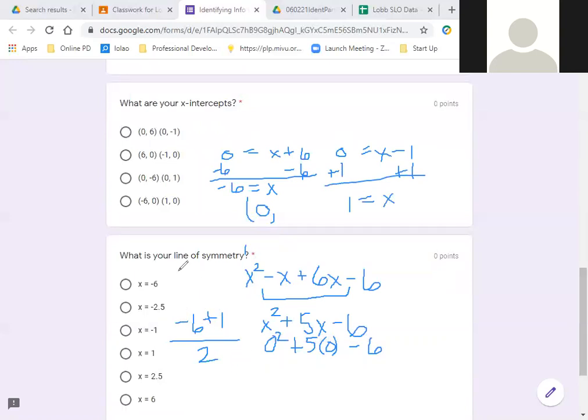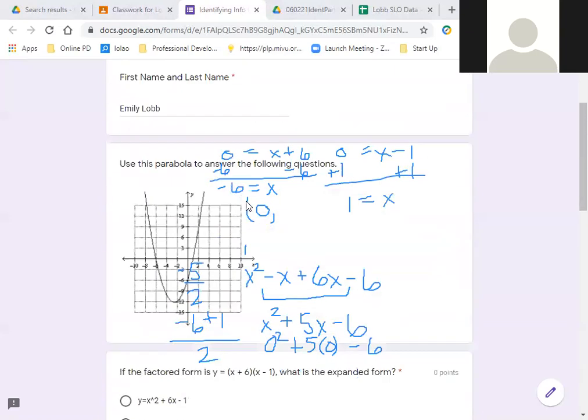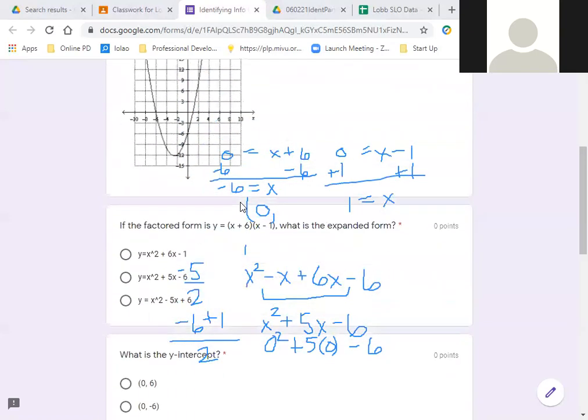What's -5 halves? 2.5, and it's negative. So it would be here. That would make sense because when we're looking at our graph, it's just past the -2, not quite halfway between the 2 and the 4.